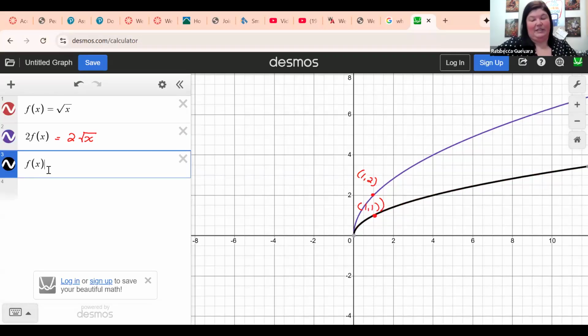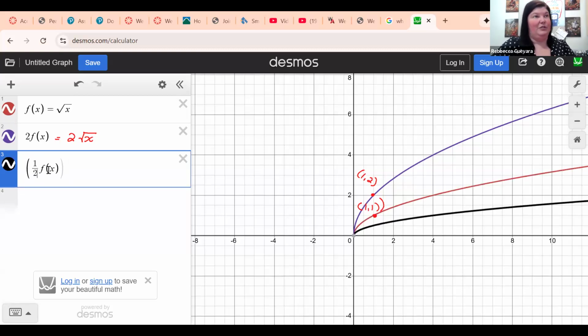We have f(x) again, but let's say we're going to multiply by 1/2. So 1/2 is going to be between 0 and 1. And what we see happens here is that when we multiply by 1/2, everything squishes down. So now we have a point (1, 1/2), because that y component gets multiplied by that 1/2.